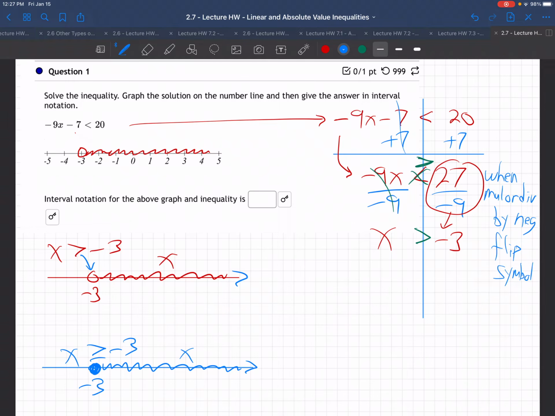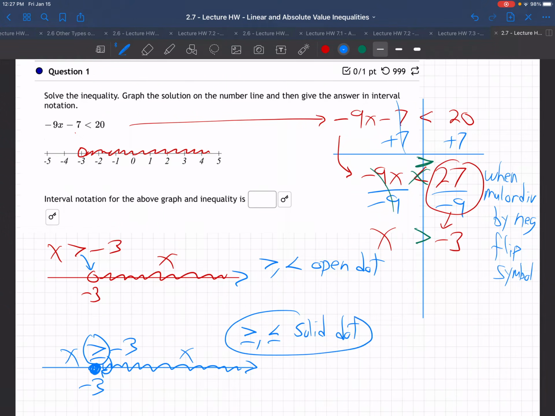So when you have the equals bar, that's a solid dot, and without it, a hollow dot. If you have greater than or equal or less than or equal, you put a solid dot. If you put greater or less, you put an open dot. Why is that? Because the equals includes the number, right?